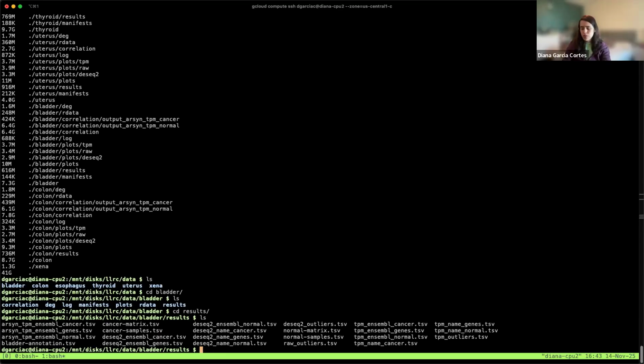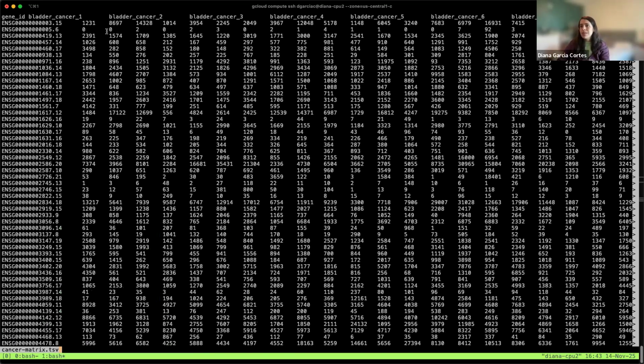To do that, I have a matrix with genes in my rows and all the different samples as my columns.